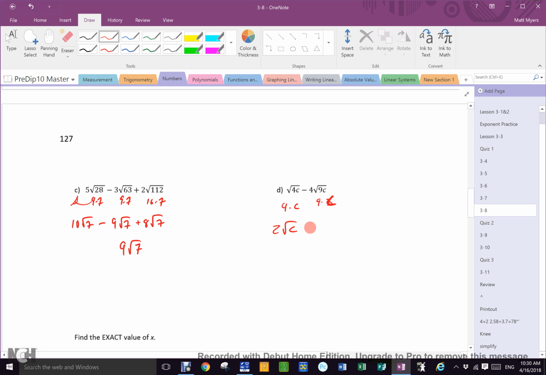So what do I do? Minus 12 root C. What's 2 root C's take away 12 root C's? Negative 10 root C. Yeah?